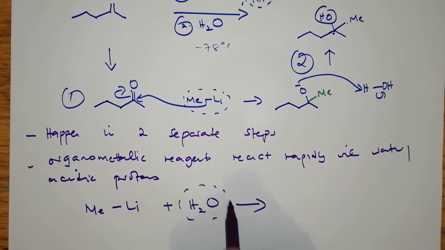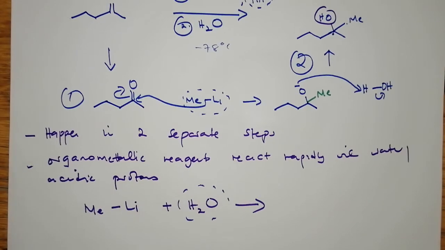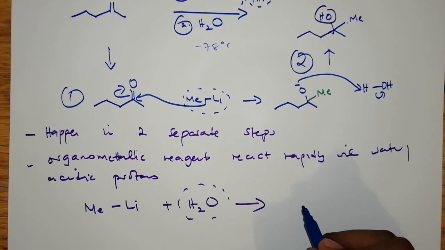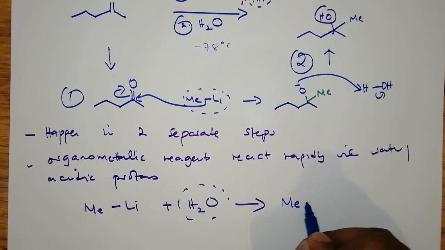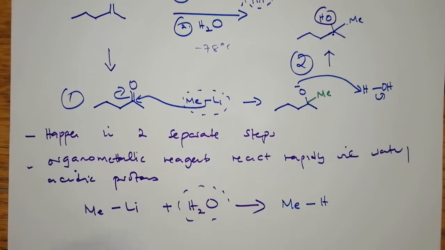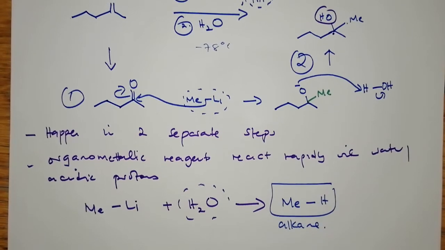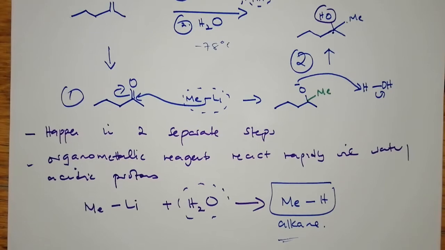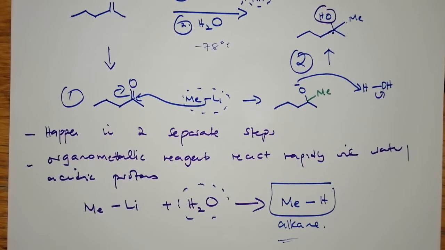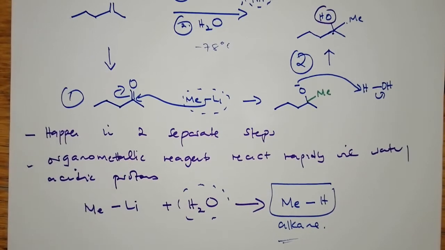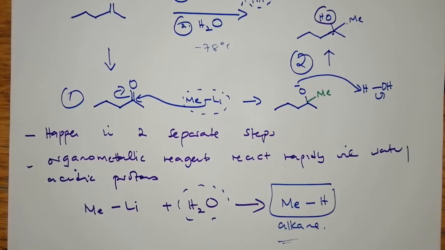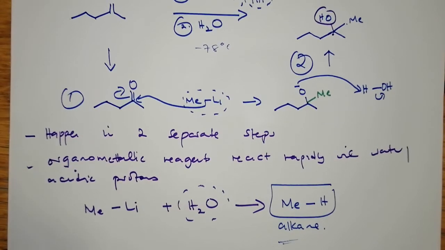this is going to destroy the organolithium right here. Instead, it's going to form an alkane right here. And most alkanes are one of those stingy ones. As far as addition reactions are concerned, alkanes will be like, you know, peace, right?